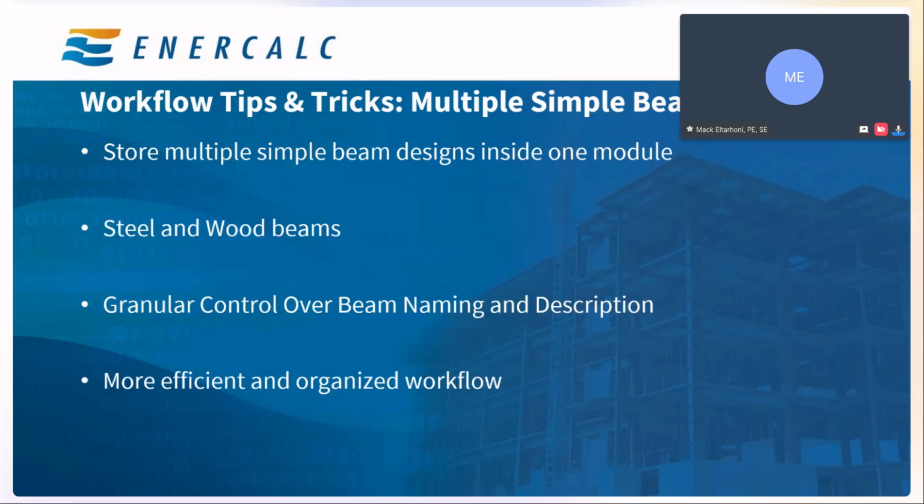You can do them steel or wood, however you see fit. You'll have granular control over beam naming and description. And of course, this is a more efficient and organized workflow, especially if you have a building with maybe 30, 40, 50 even different designs where they're simple, but there are just a lot of them.